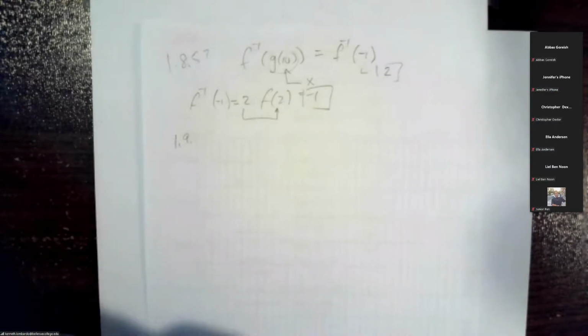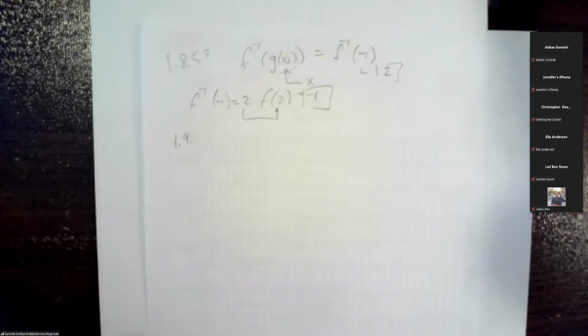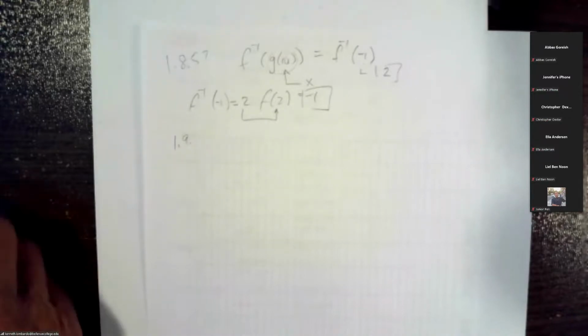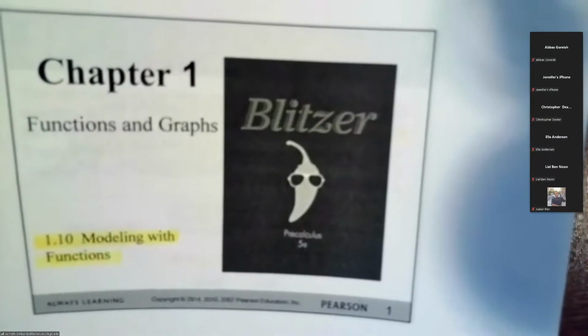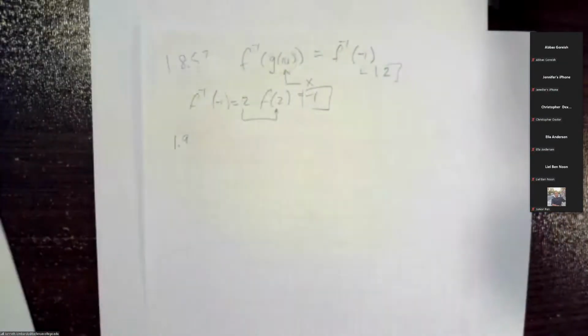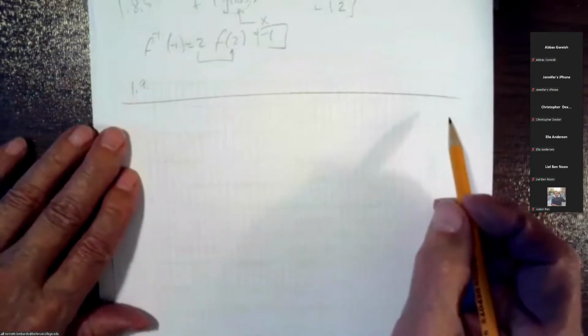Good. Let me get today's material, which talks about 1.10. Now in 1.10, we're going to be talking about modeling with functions. When we're modeling with functions, let's take a look at some of the things we might want to do.